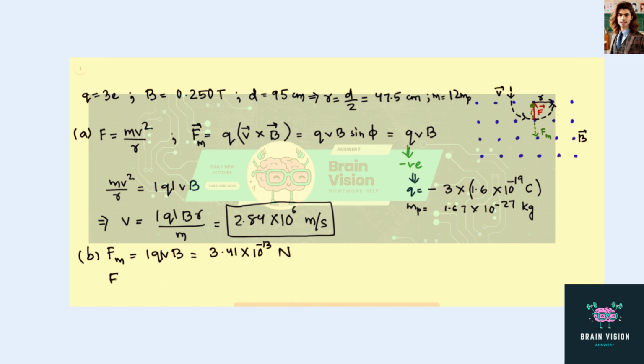Now we find the gravitational force, which is mass times gravity. The mass is 12 times the mass of a proton, and gravity is 9.8 meters per second square.